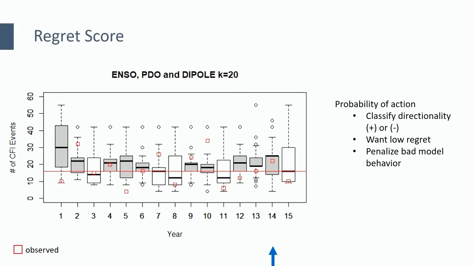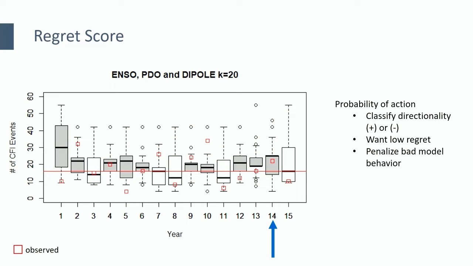So when it comes to directionality, we want to see if we predicted there'd be an above median number of events, is that what actually happened? And in this case, yes, we have the directionality correct. We also want to predict the reverse. So if there are below median number of events, did we predict that?